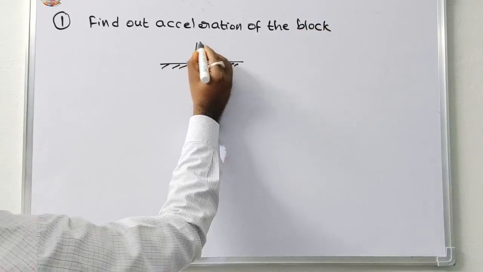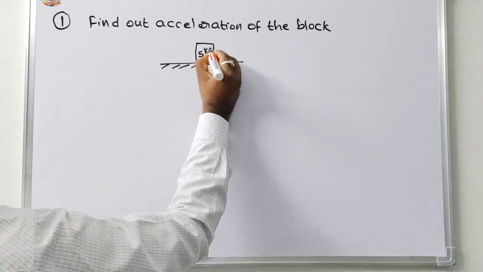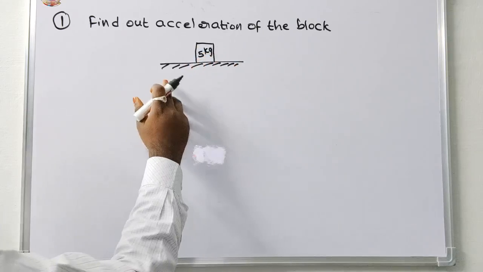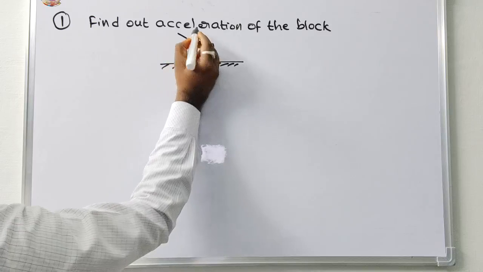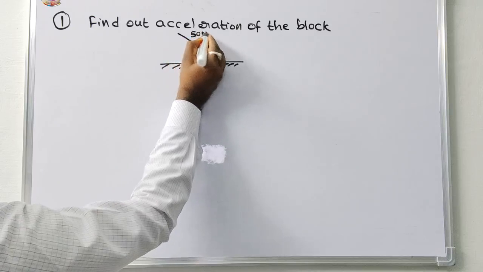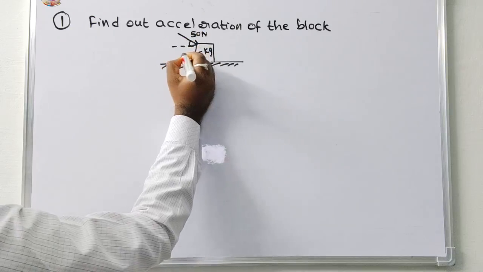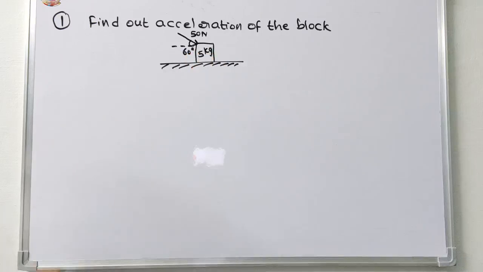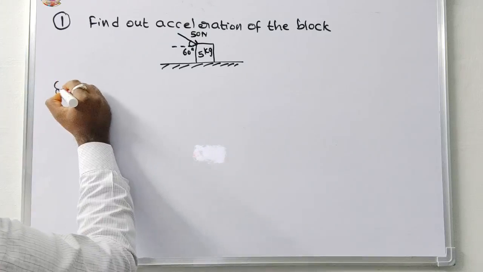This is the block, a 5 kg block. A force of 15 Newton is acting, making an angle of 60 degrees. Finding the acceleration is a very important problem for JEE Mains and NEET level.